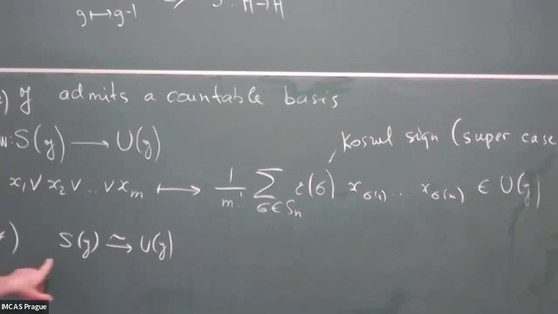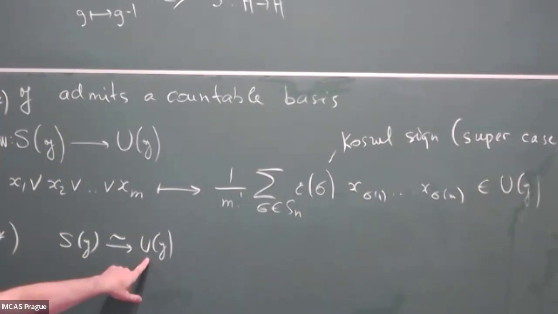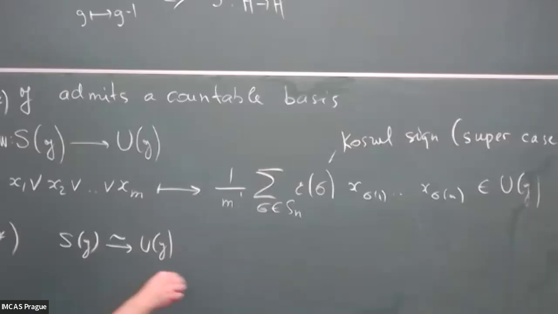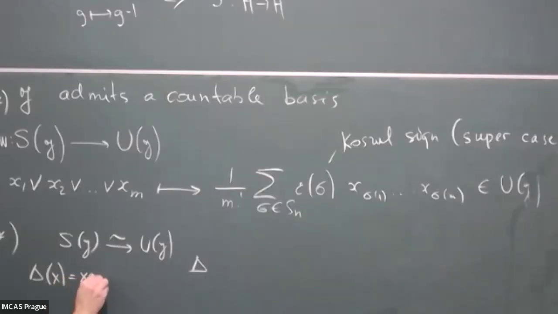It is also an isomorphism of coalgebras. Here, as you know, we have a coalgebra structure. Here we can introduce the same coalgebra structure, where delta of x is x tensor 1 plus 1 tensor x for every x in G.